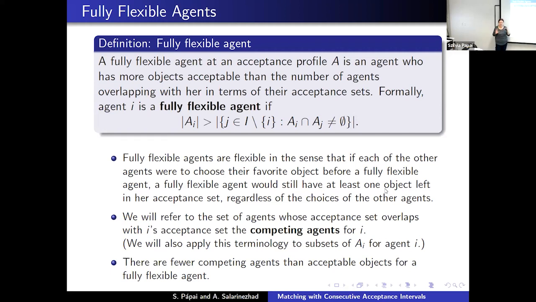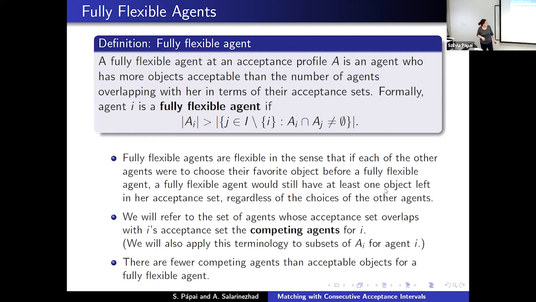So if there is any overlap with some other agent, then we call that a competing agent. And basically, a fully flexible agent is one for which there are fewer competing agents than the objects in the acceptance set of the agent.